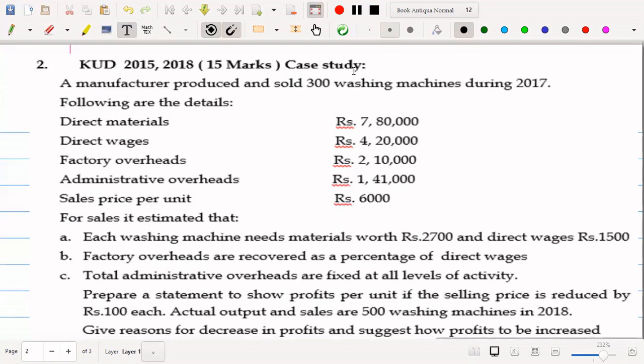So in the year 2017, they have produced 300 units, and in the year 2018, they want to produce 500 washing machines. So these instructions are given. See here, only these two pieces of information are given. Direct materials worth rupees 2,700 and direct wages rupees 1,500 is being used, and other things we have to adjust now. So let's see what's given here.